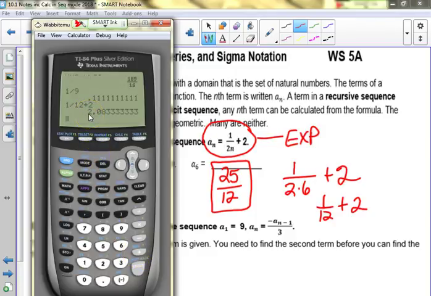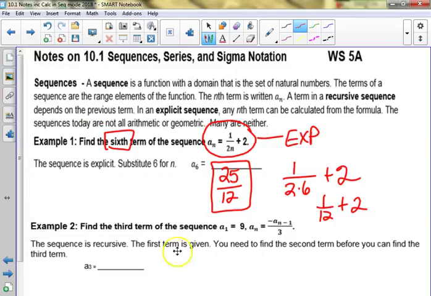Okay. This is a repeating decimal, so you can tell it's not exact, but if you have like 10 decimal places on here, that's as much as fits on your calculator, so it's probably not ending. Okay. All right, find the third term of this sequence.